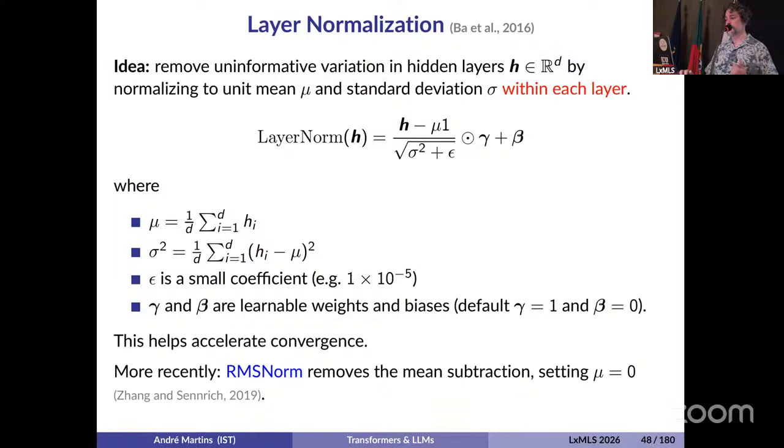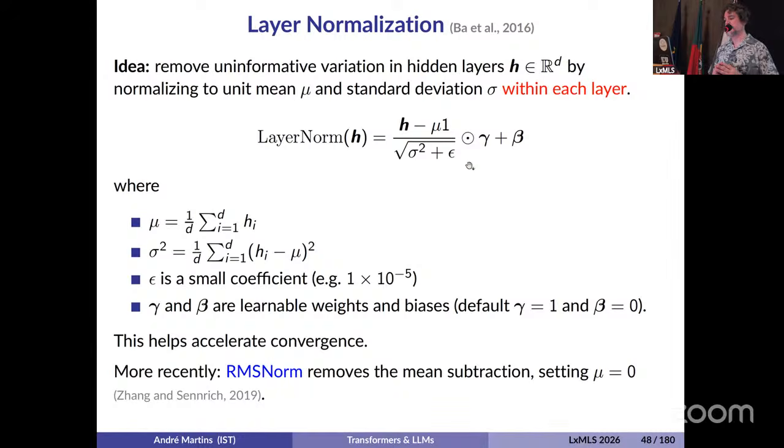The idea of layer normalization is you compute the mean of that layer, I'm calling it mu, and you compute the standard deviation. Then we do a transformation where we subtract the mean and divide by the standard deviation, with some epsilon to make things more stable, because in cases where the standard deviation is close to 0, this can create numerical problems. So it's common to use a small epsilon here.